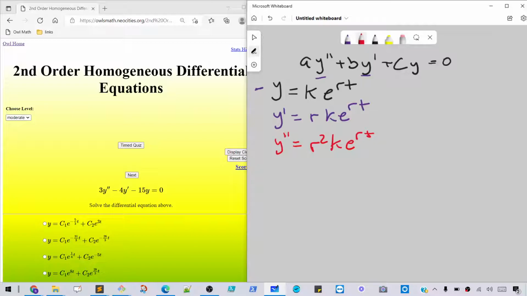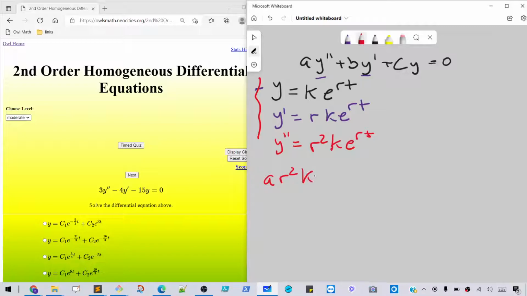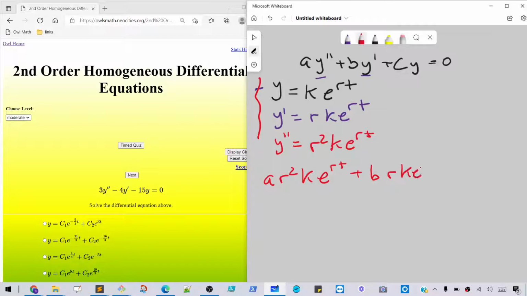Once you have that piece, it becomes pretty simple because all we're really going to do is plug these values into our differential equation up top here. So let's just do that. We end up with a r squared k e^(rt) plus b r k e^(rt).